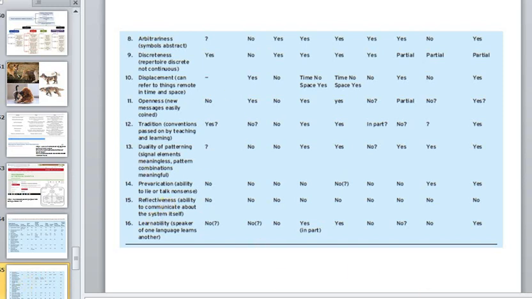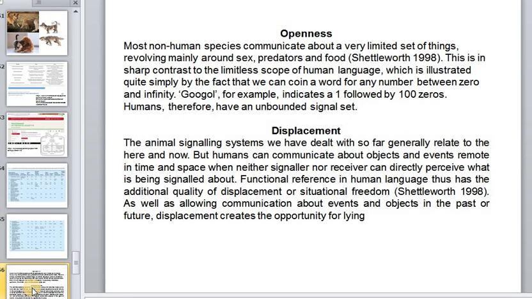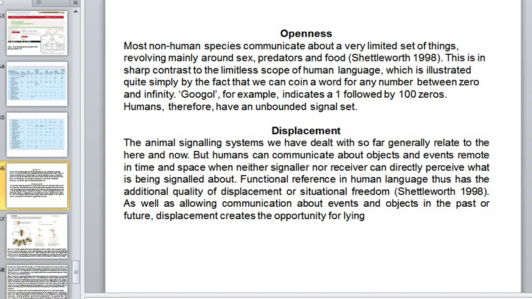Even numerous attempts have been made at across-the-board comparisons, but the comparisons with human language have likely focused on the capacities for openness and displacement, that is the extent to which the communication systems of other species show unlimited scope for coining new messages and an ability to refer to things remote in time and space from the signal.